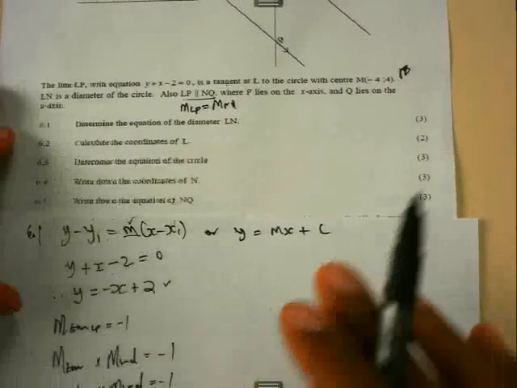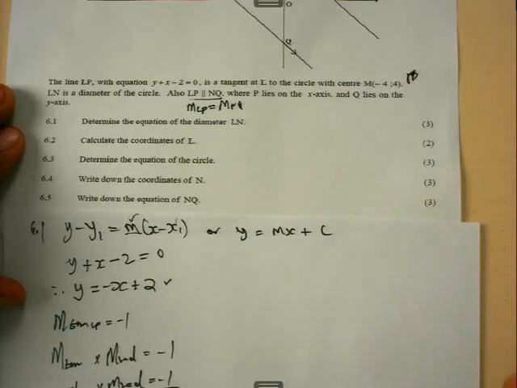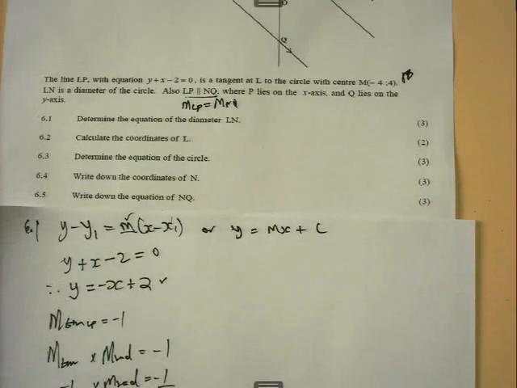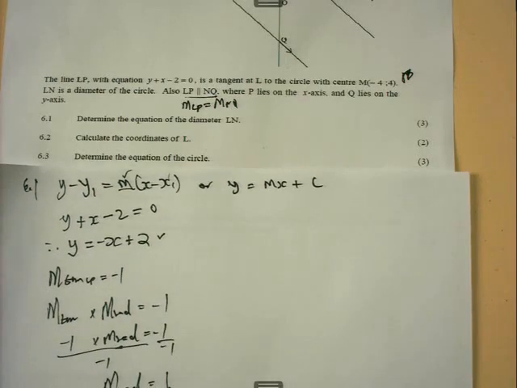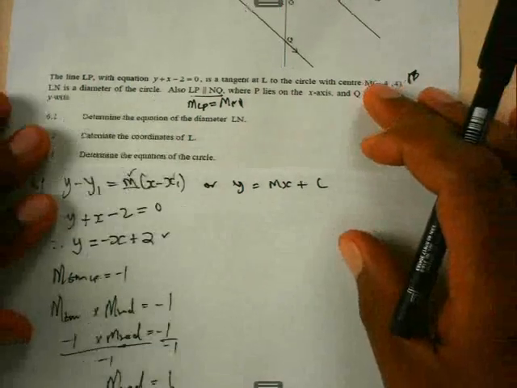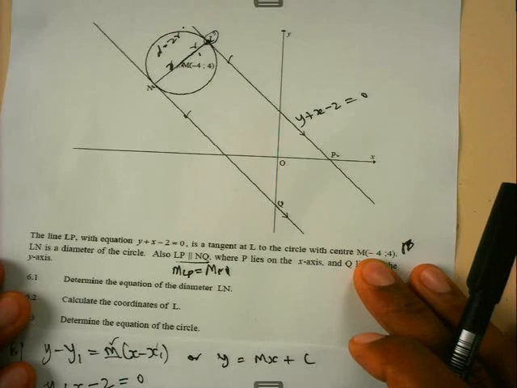Right, 6.3. 6.3 now says, determine the equation of the circle. Very important question. Determine now the equation of the circle. Right, now, first of all, before we determine the equation, now we need to look at the circle. What type of circle is this?